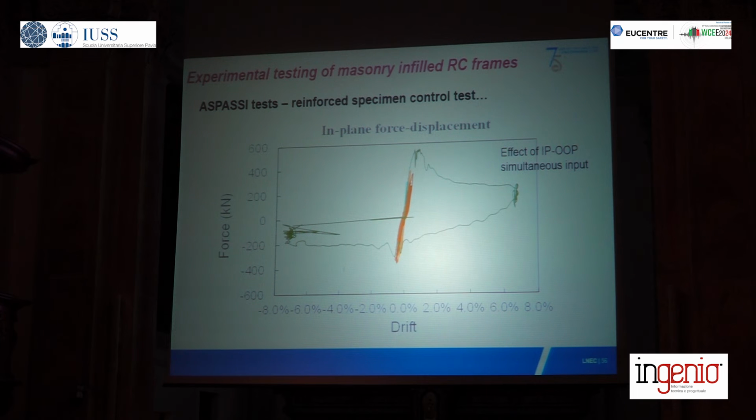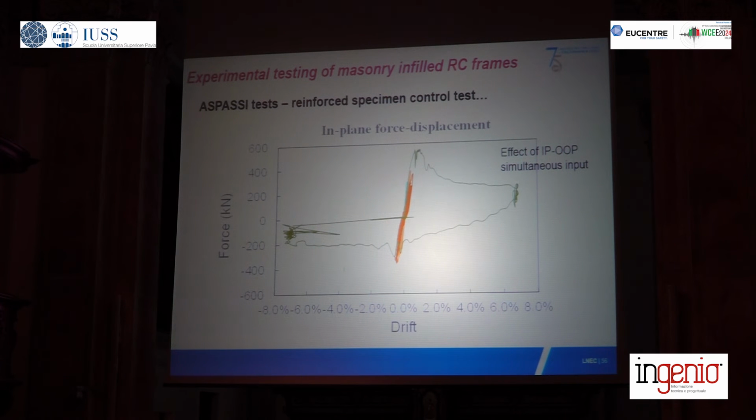So this green curve that you see in there is basically the in-plane capacity of that infill structure, and you are comparing it here with the brownish curves, which are the ones which were made when we had both the in-plane and the out-of-plane seismic action on the specimen, and you see the effect of having both directions of seismic action on the capacity of this type of specimen.